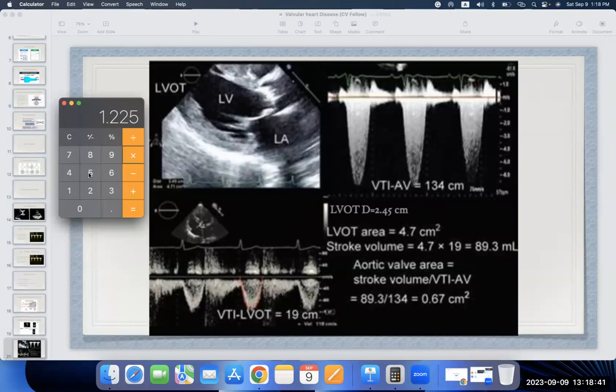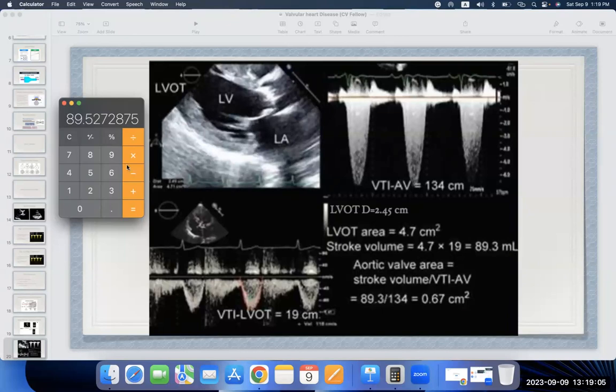And then I will multiply it by pi, 3.14. From this, I will get the area of the LVOT. And then I will multiply the area of the LVOT with the LVOT VTI after we trace it, let's say 19 here. Then I will get the stroke volume, so this is the stroke volume across the LVOT.